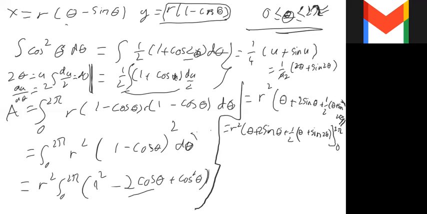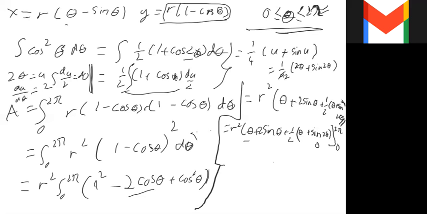So basically we substitute 0 in where it's supposed to be. So 0 in here, that would be r squared times (0 plus 2 times sine 0). Sine 0 is 0, plus 1/2 times 0. So this term would basically be 0. So let's not worry about this because we don't have a lot of space.